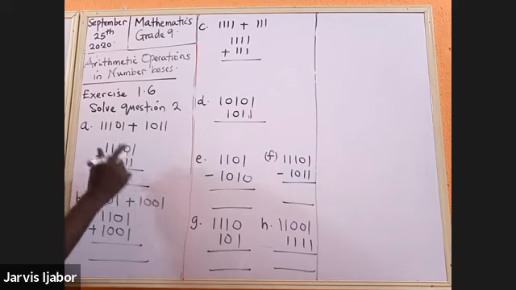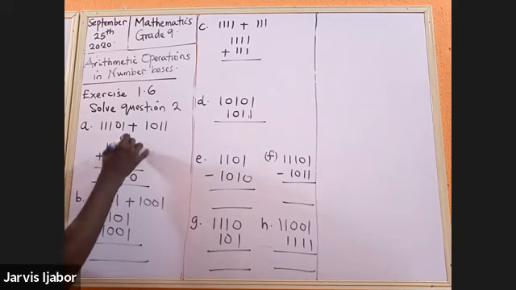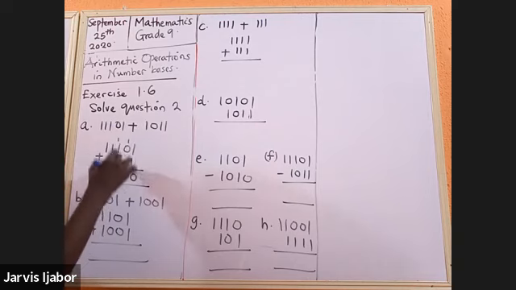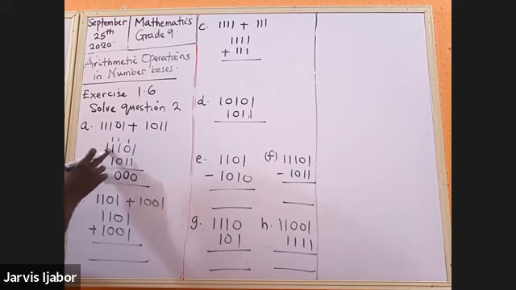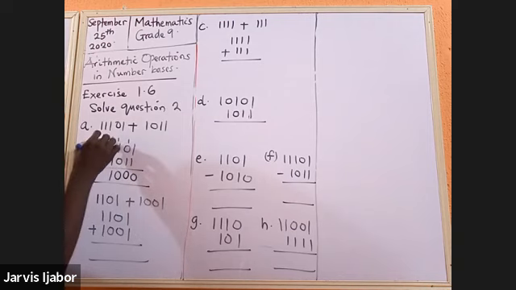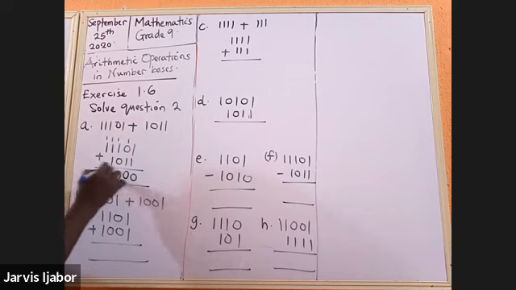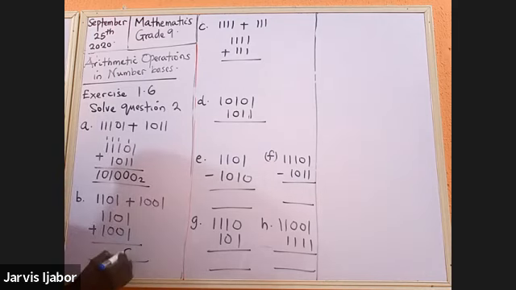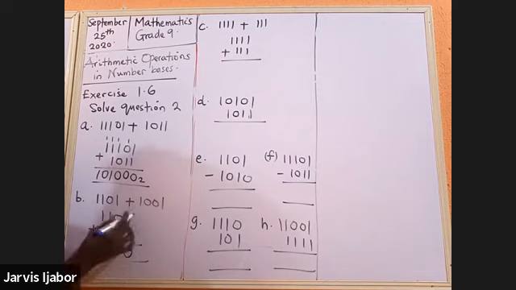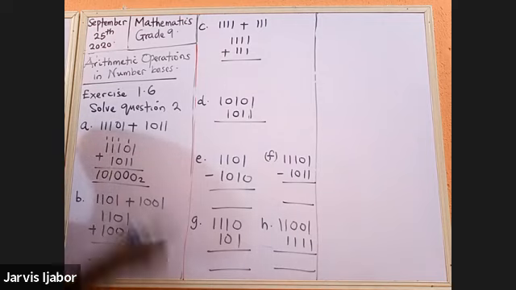This is addition. So this will be 0, carry of 1, 0, carry of 1. 1 plus 1 is 1, 0 plus 1, carry of 1. So this is what this answer will be. For question 2, it will be what? 0, carry of 1. 1 plus 1 in base 2 is 1, 0.